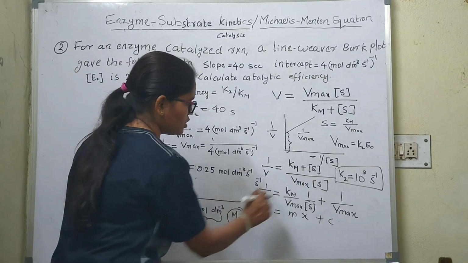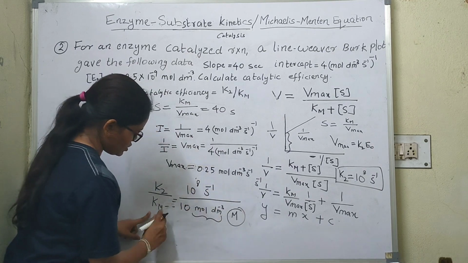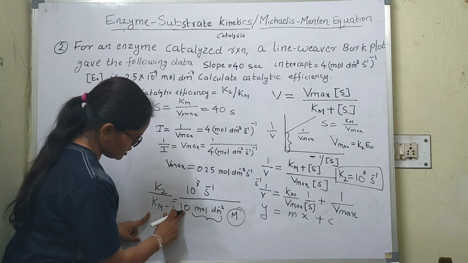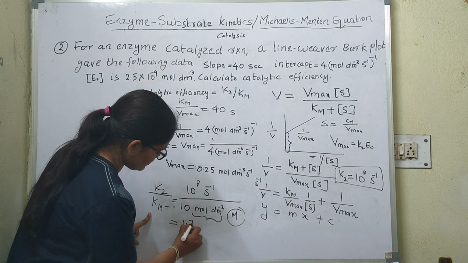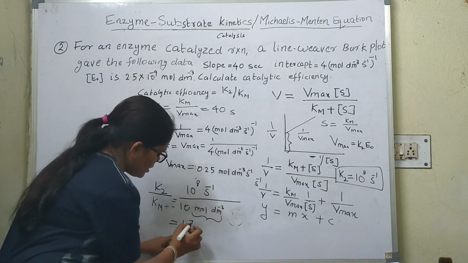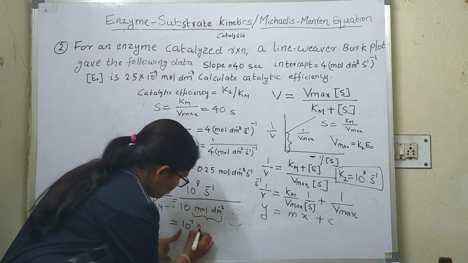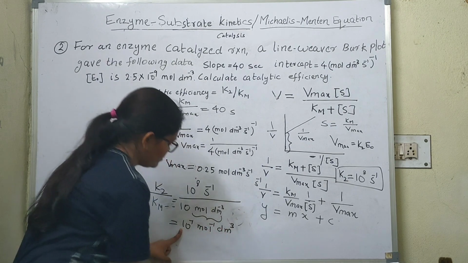What was K2? 10 power 8 second inverse. So K2 over Km is, when this goes to upside, it becomes 10 power 7 mole inverse decimeter cube.